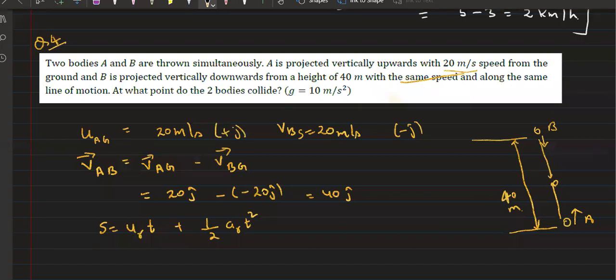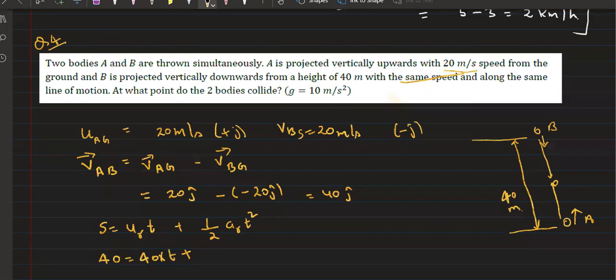Okay, let's see. Now, U relative is, tell me, 40? U relative is 40, right? S is 40. So just write this: 40 is equal to 40 into T plus... Now, what is A relative?